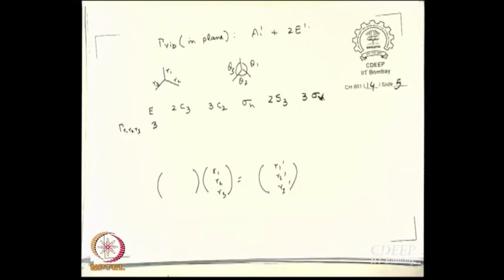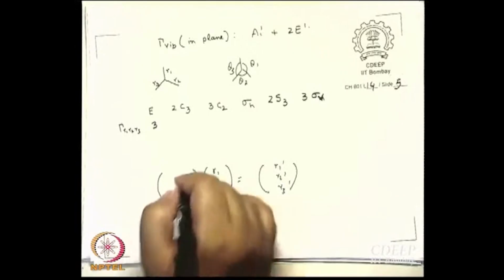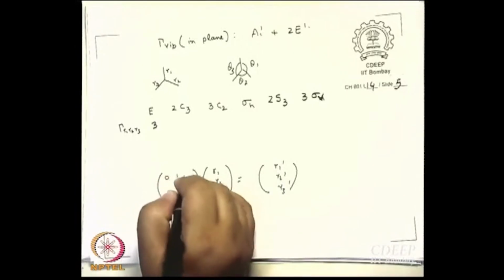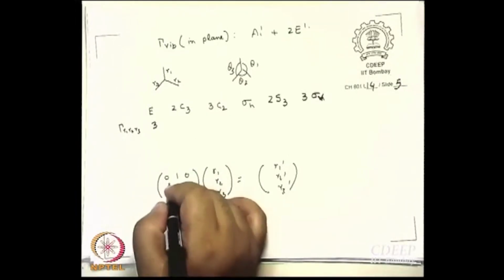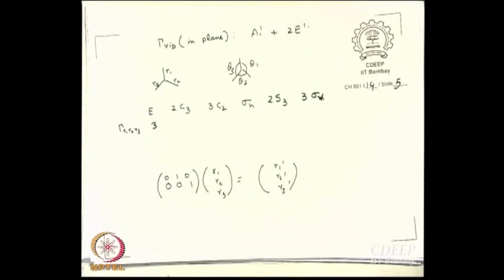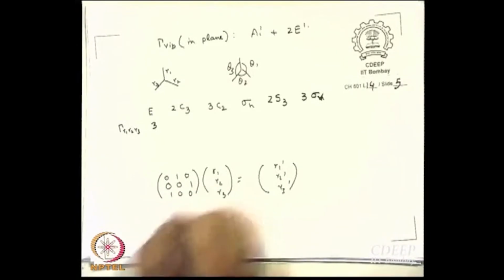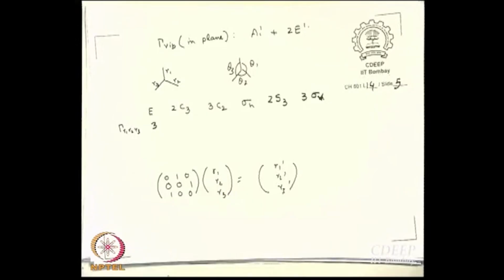So, what is R1 dashed? R1 dashed is R2, isn't it? So, what will the matrix be? 0 1 0. What is R2 dashed? R3. So, 0 0 1. What is R3 dashed? R1. So, 1 0 0. What is the character?